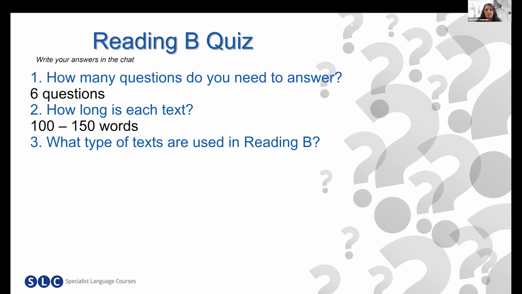Okay, we've got a few different answers here. Most of you are on the right topic. They are texts that are for healthcare professionals. This is right. They're not often dialogue. When we use dialogue, it's more in Listening, when we listen perhaps to a conversation. But you're all right in that it's for healthcare professionals.